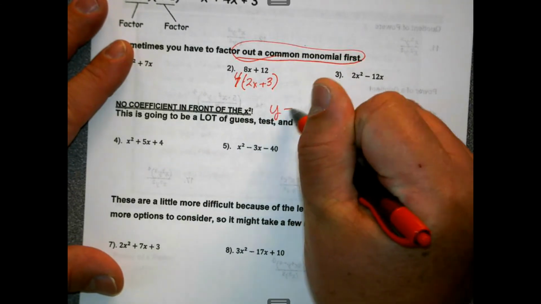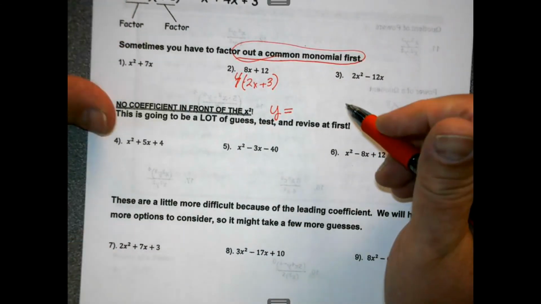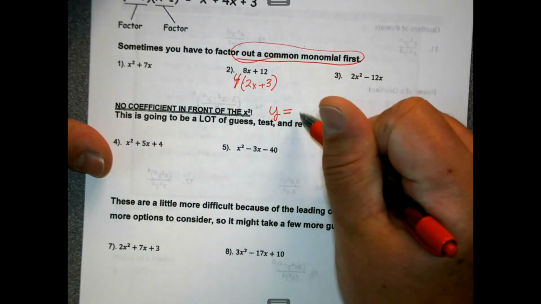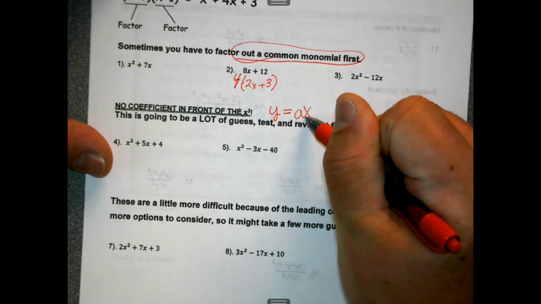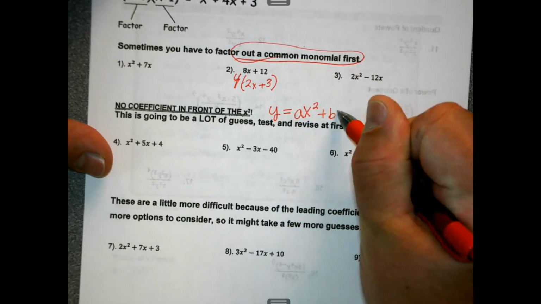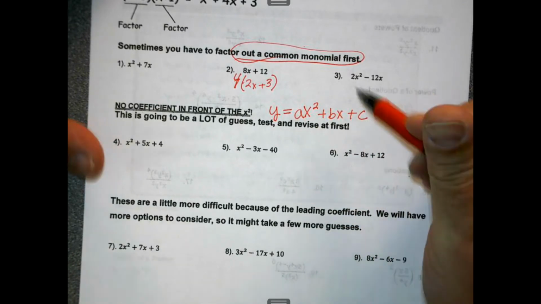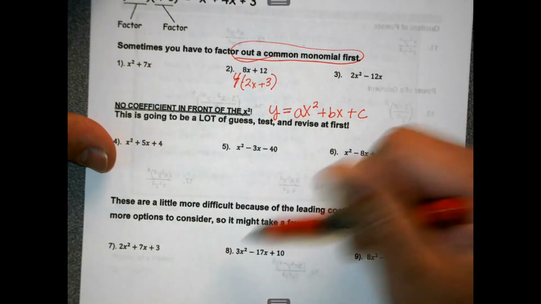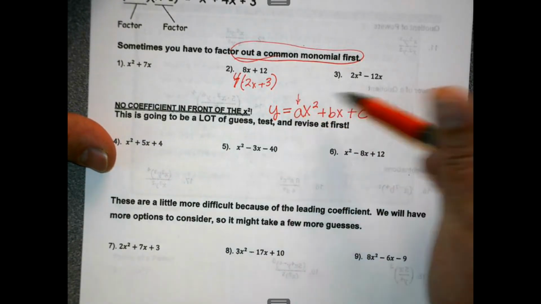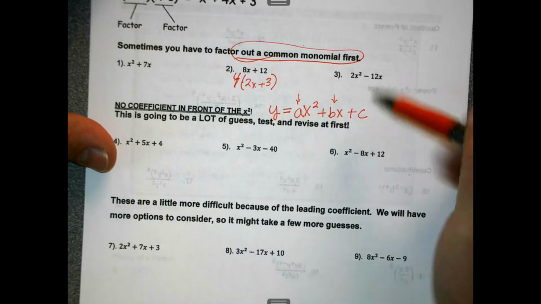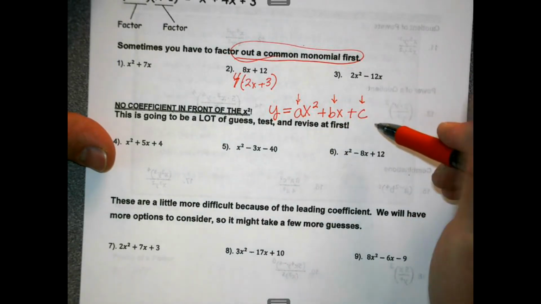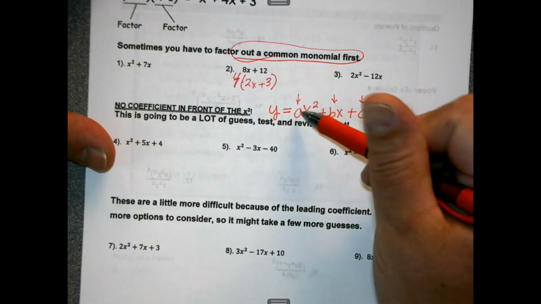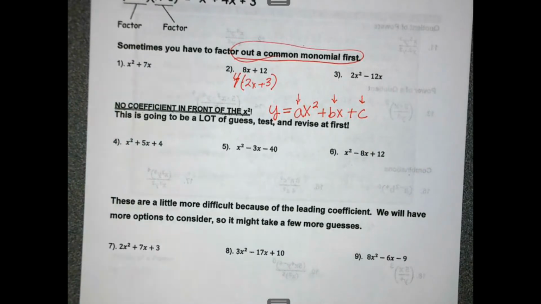Don't forget the standard form of a quadratic expression or equation, in this case, y equals ax squared plus bx plus c. You might as well get used to this because I refer to it an awful lot. We'll be talking about the coefficients a, b, and c. C we usually call a constant. B is the coefficient of x to the first. A is the coefficient of x to the second, x squared.